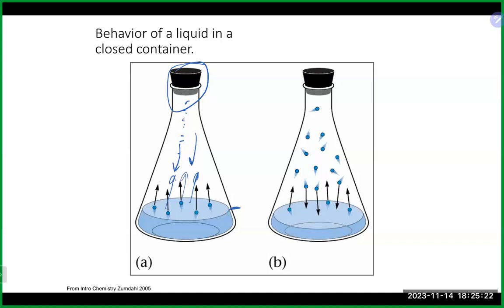And eventually what will happen is the rate at which they escape the liquid phase and the rate at which they're dropping back into the liquid phase, the rate going that way and that way, will equal each other. And that will be when they reach equilibrium. If you look really closely at a liquid in a container like that, you will probably notice that the level of that liquid has dropped a little bit from where it started.